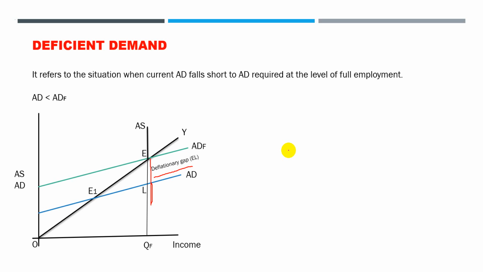Next, decrease in consumption demand as a consequence of increase in propensity to save or decrease in propensity to consume. Decrease in disposable income and consumption demand as a result of increase in taxes. Decrease in investment demand due to increase in bank rate and decline in export demand. These can be the possible reasons of deficient demand.